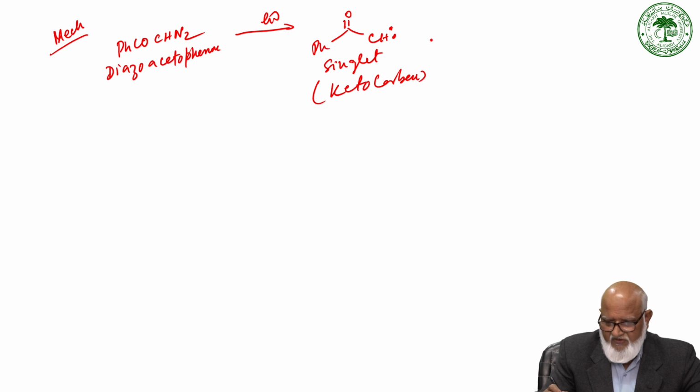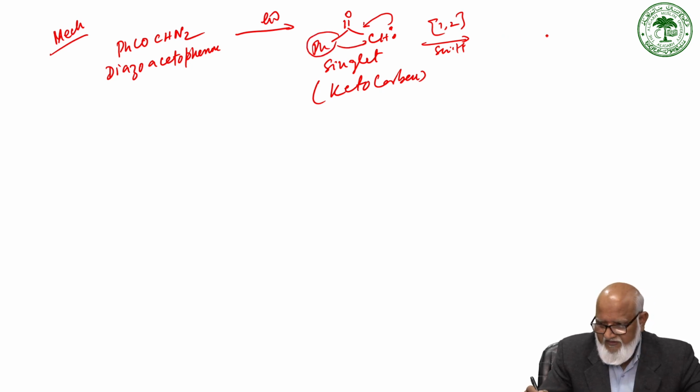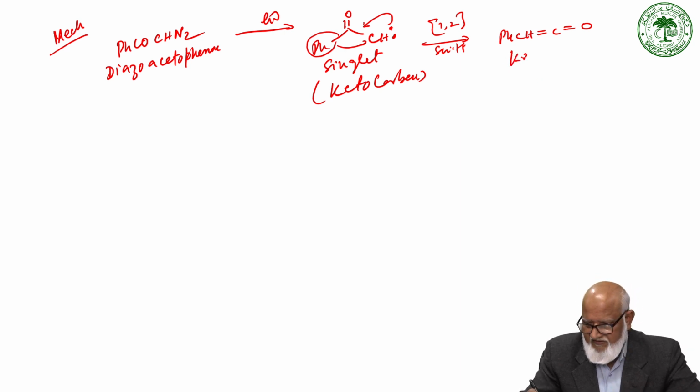This undergoes a 1,2 shift to give a ketene, PhCH=C=O, which in the presence of methanol gives PhCH2CO-OCH3.